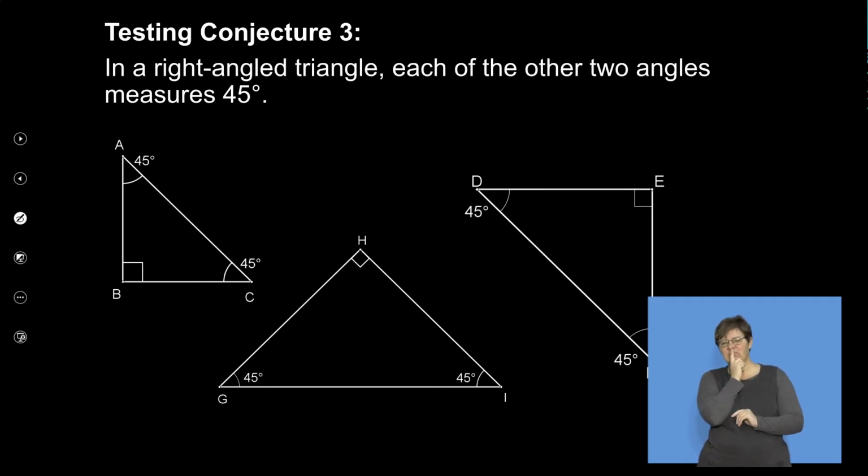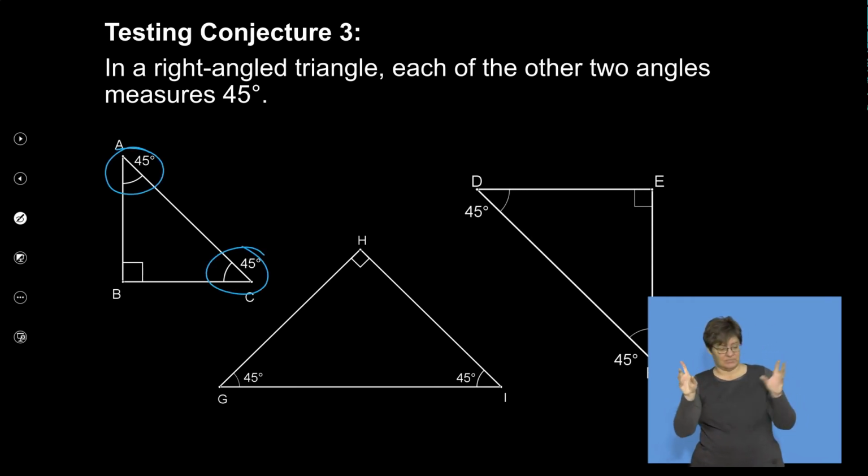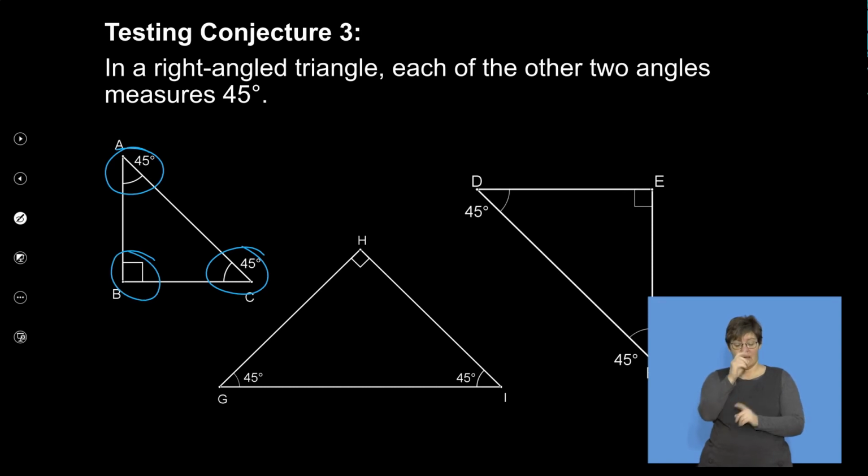So you can see if this is 45 degrees, that is 45, I'm going to add them, they give me 90, plus my square there, which normally means 90, it's 180 degrees. We just said one of the properties is that the sum of angles adds to 180 degrees.